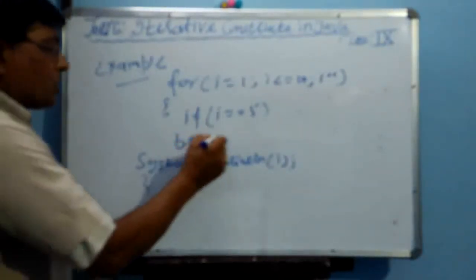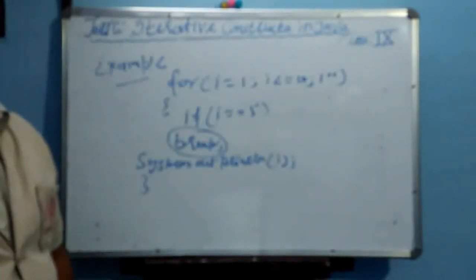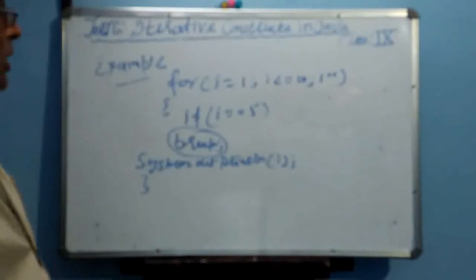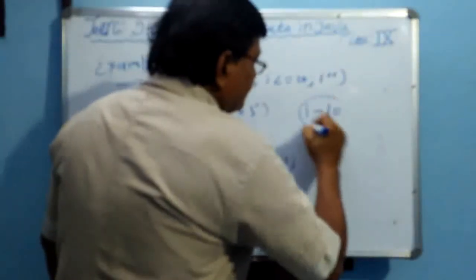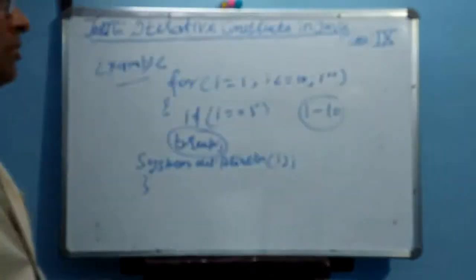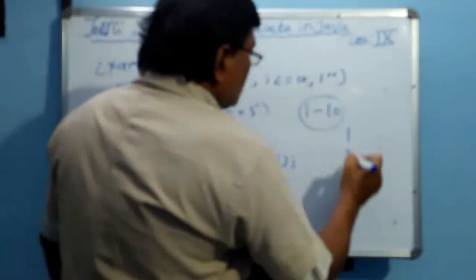So what is the function of this break statement? The loop will start from 1 to 10. First of all, it will print 1, then 2, then 3.